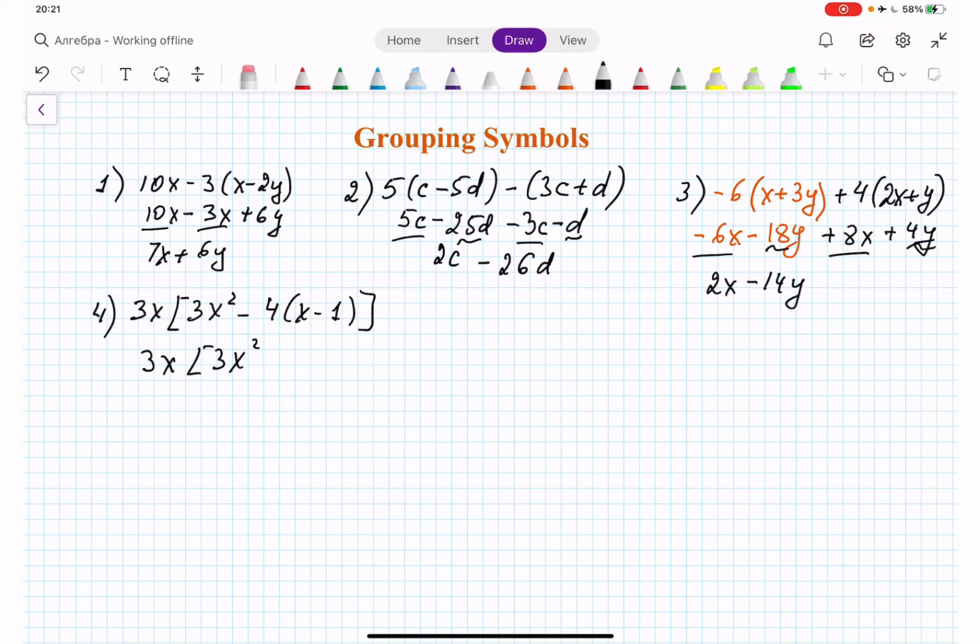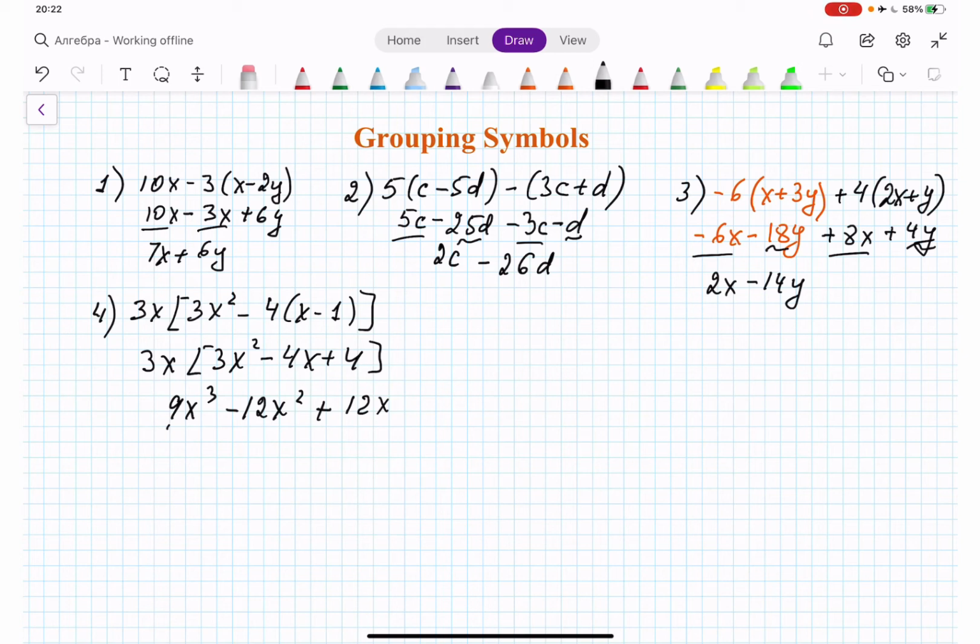So inside the parentheses, I'm distributing: minus 4x plus 4. And now I distribute 3x on every single term. It's going to be 9x cubed, x times x squared, x cubed. 3x times negative 4x, it's going to be minus 12x squared, x times x is x squared. And plus 3x times 4, it's going to be 12x. And that's it.